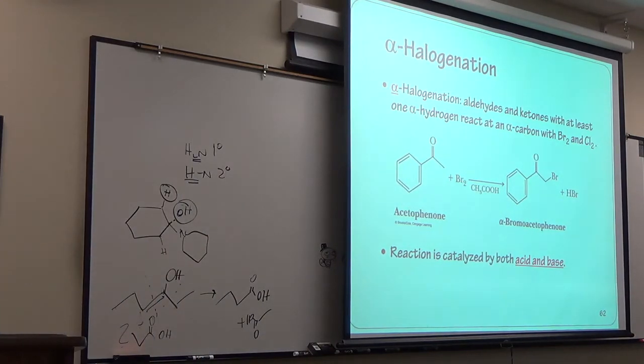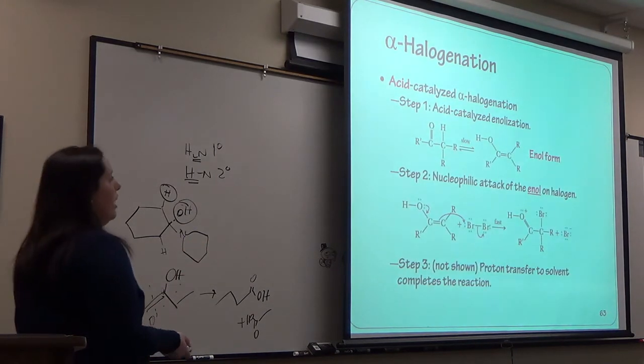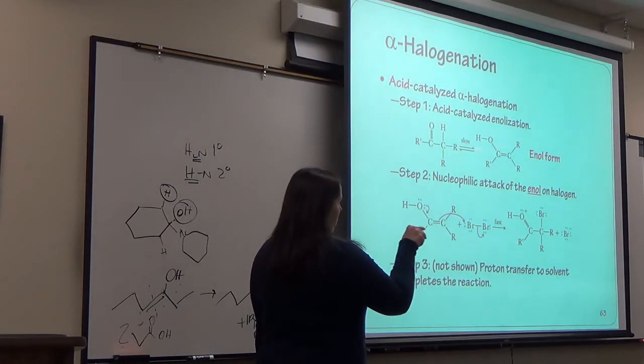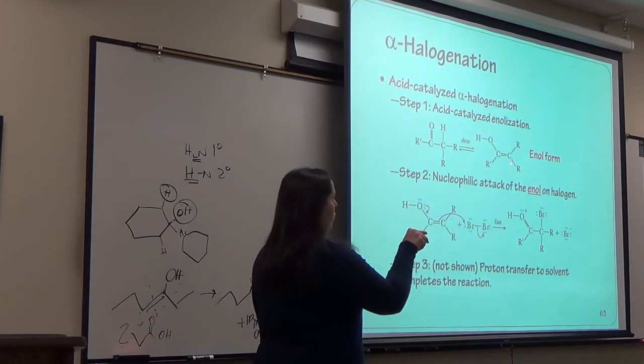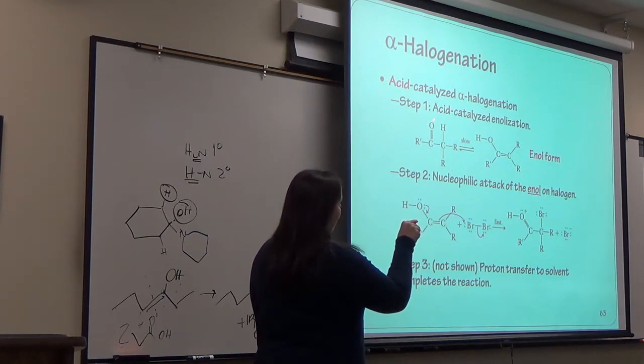This can be done in either acid or base. This is an acid, acetic acid, and it would look like this. If you had an acid, you would tautomerize to your enol form. They're not showing it, but you would add the hydrogen here and tautomerize, so that OH came from the acid.